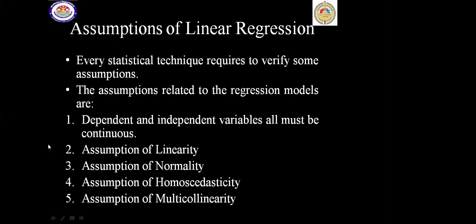Number two, assumption of linearity. We have checked the assumption of linearity using the concept of scatter plot as well as the concept of correlation. Third assumption is assumption of normality.